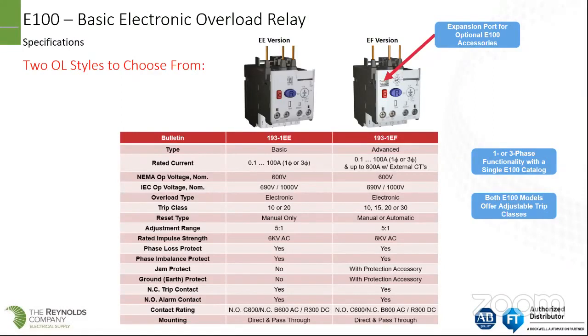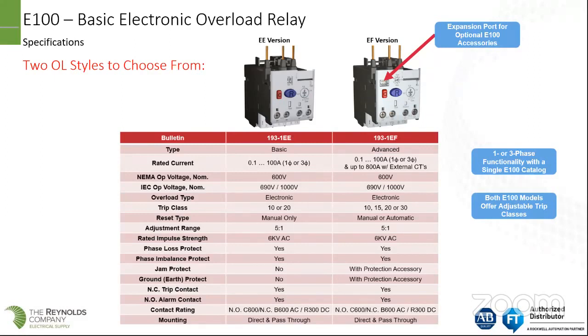Similar to the basic version, it's 0.1 to 100 amps, single phase or 3-phase. And then anything above 100 amps we can use with external CTs and go up to 800 amps. This one has a trip class of 10, 15, 20, or 30, and also offers both manual or automatic reset.